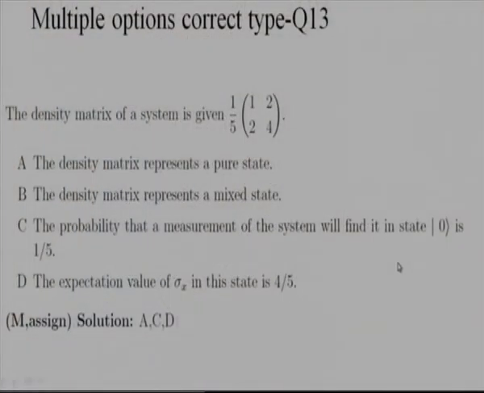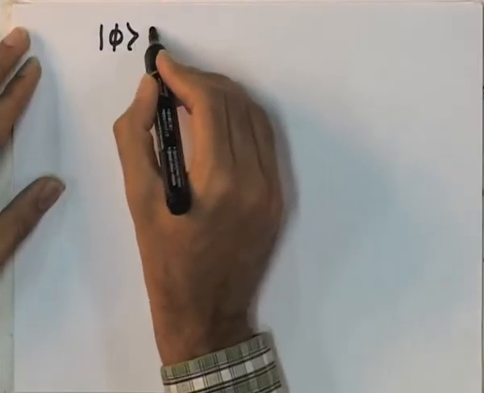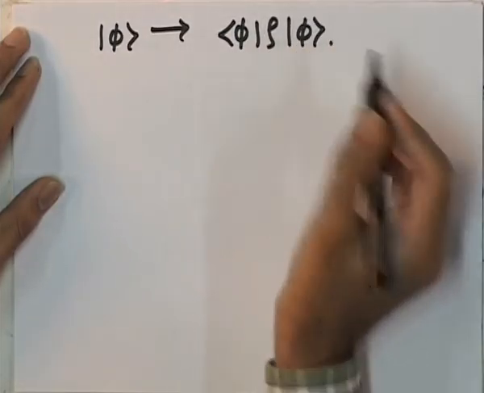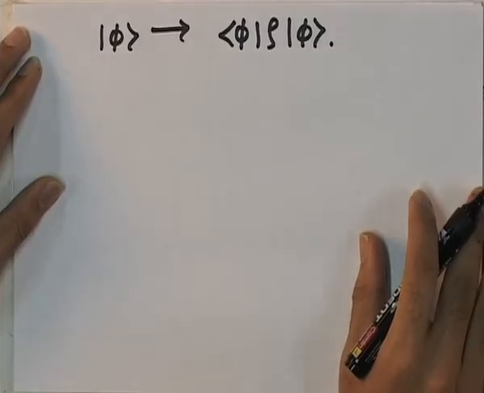Now option B, of course, is incorrect because it states that it is a mixed state. Option C is, the probability that a measurement of the system will find it in state 0 is 1 by 5. Now realize that the probability of finding a pure state or a mixed state in any state, say state phi, is given by the expectation value of rho with respect to phi.